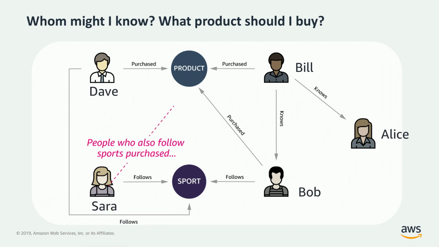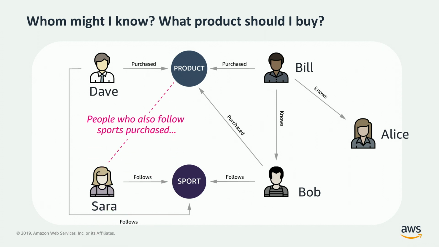So I can, for example, say that Sarah might want to purchase this product because people who also follow sports purchase the product. And if you look back at the social side, you can see there are two people who have a friend in common but don't yet have a relationship. So again, that would be a candidate for a recommendation example.